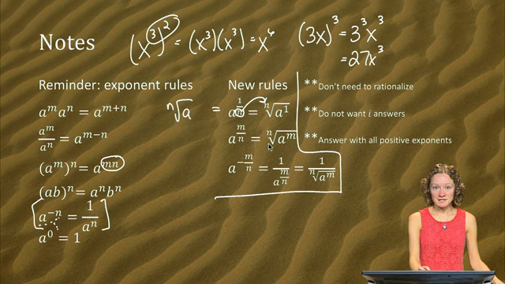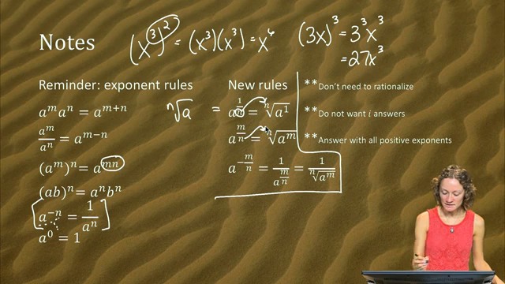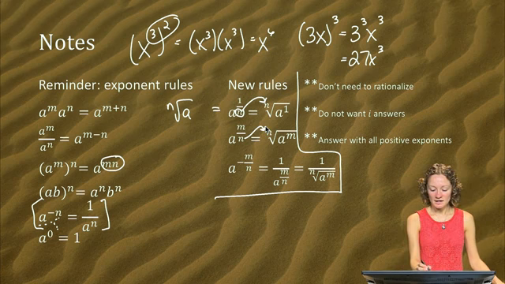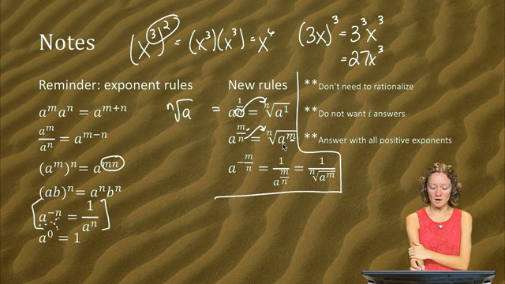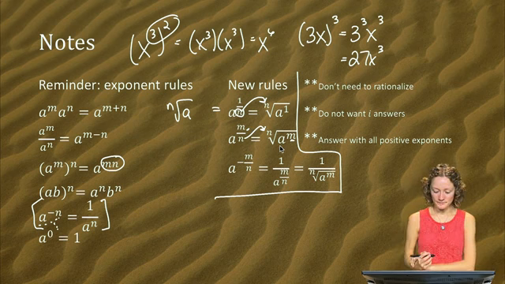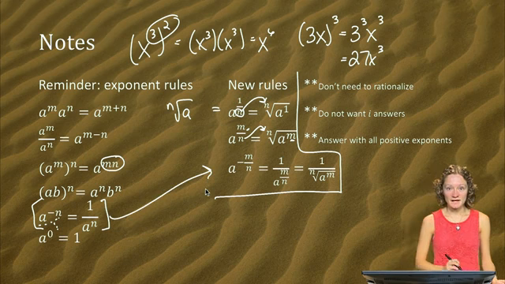But the change happens the exact same way for the second rule. A to the m over n, again the n, the denominator becomes the index, and the numerator is the exponent applied to that base underneath the radical. The last new rule first uses this negative exponent rule.